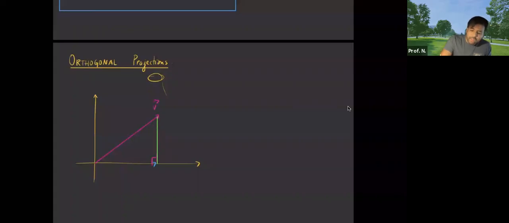And these two vectors are perpendicular. If I call this V, let me call these W1 and W2. The idea is that V is the sum of W1 plus W2, where the dot product of W1 with W2 is 0.